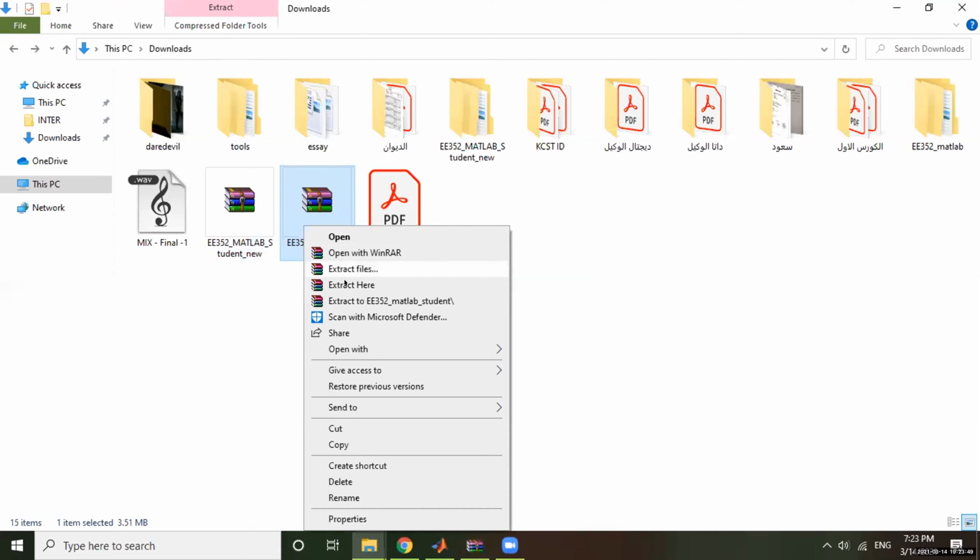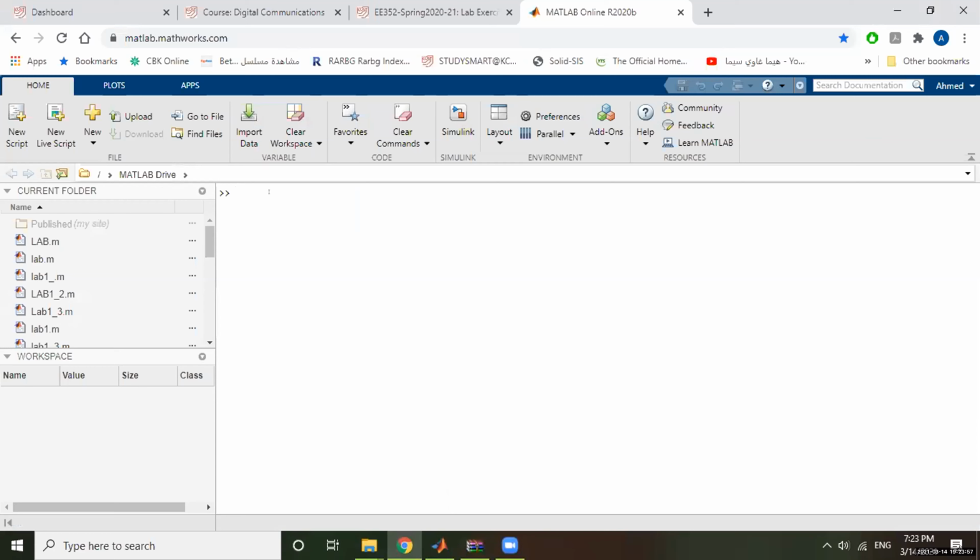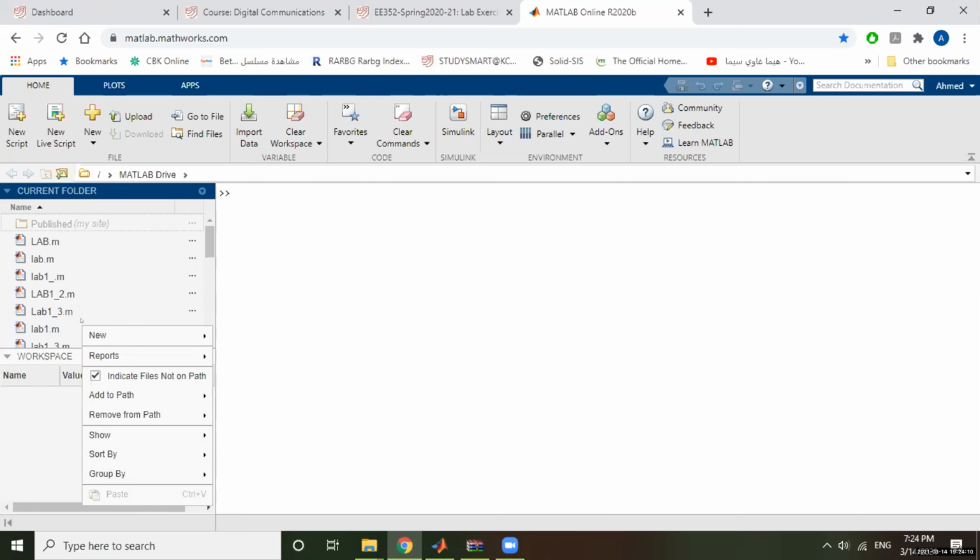Okay, copy it. Copy and paste. Where do I paste? Here on the left side, left pane. Right click and then paste.